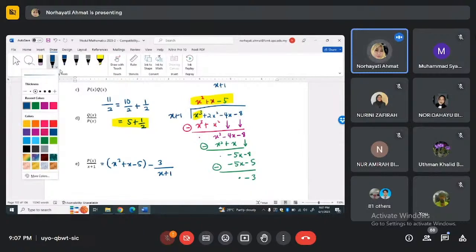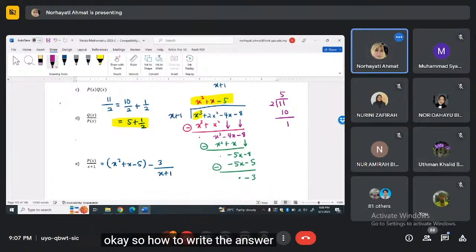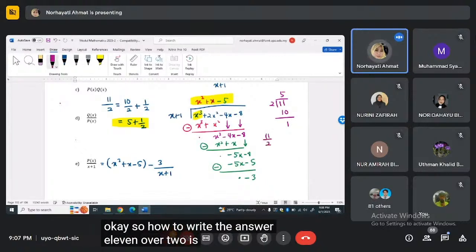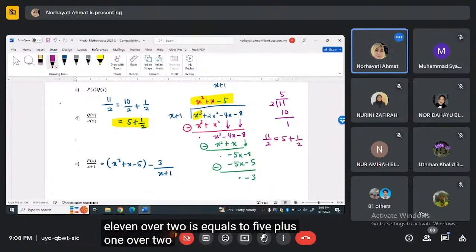Okay, I will show this. 11 divided by 2. 5 times 2 is 10, and then we get remaining 1, 1 as the remainder. So how to write the answer? 11 over 2 is equal to 5 plus 1 over 2.